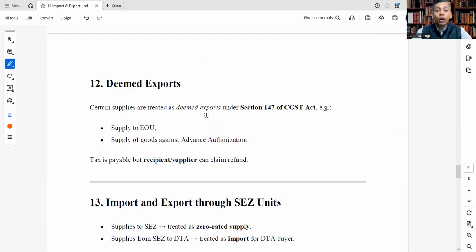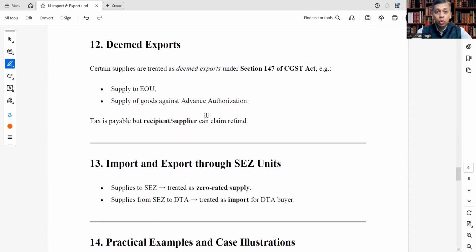Let's understand what deemed exports are. Certain supplies are treated as deemed exports under section 147 of the CGST Act. Let's see an example: supply to an EOU, that is an export oriented unit, and supply of goods against advance authorization are treated as deemed exports.